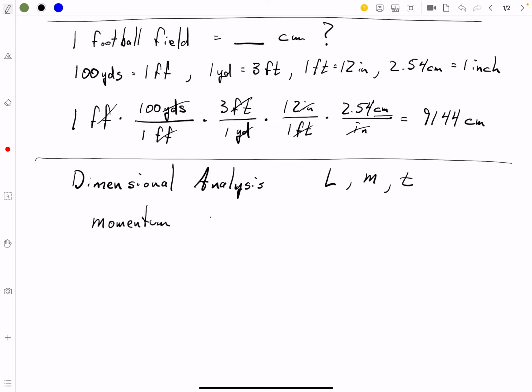Momentum is our mass times our velocity. And instead of velocity, let's say that it's really length per time. So we've got our mass times length per time. Okay? And this way we can say, oh, are my units consistent?